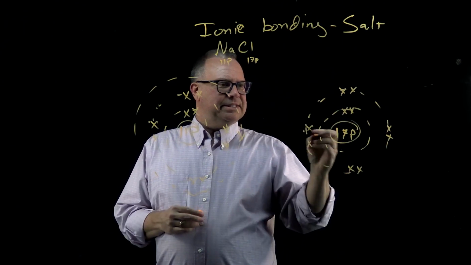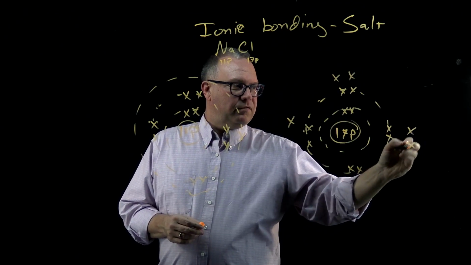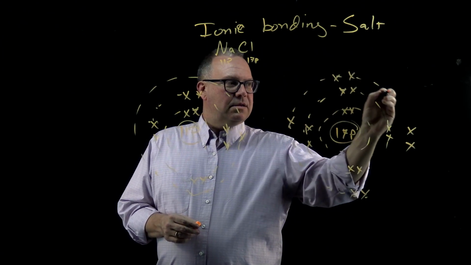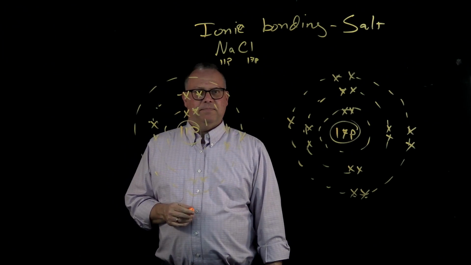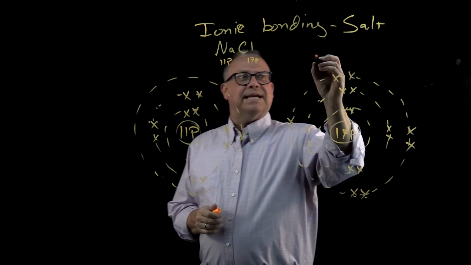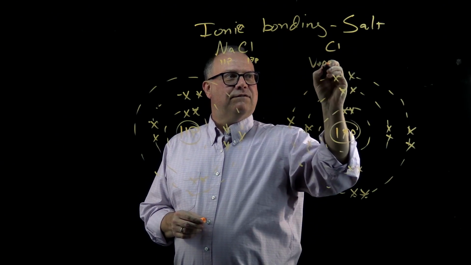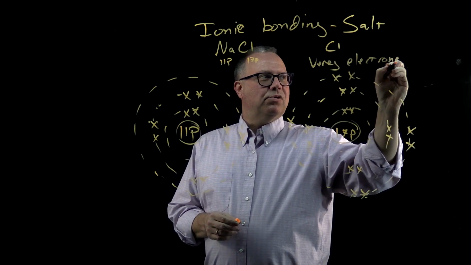Okay, and what do I mean? 7 more: 1, 2, 3, 4, 5, 6, 7. Nice big chlorine atom here. This atom over here, the chlorine, is very electronegative.